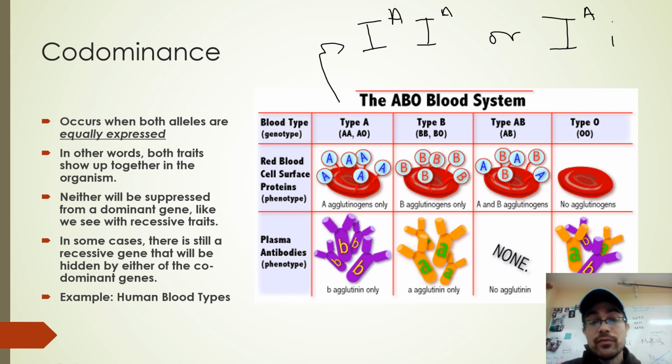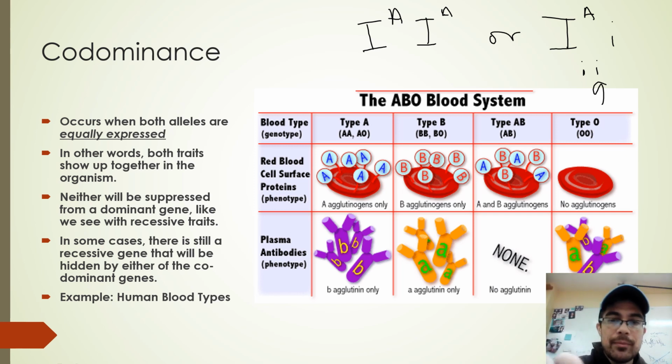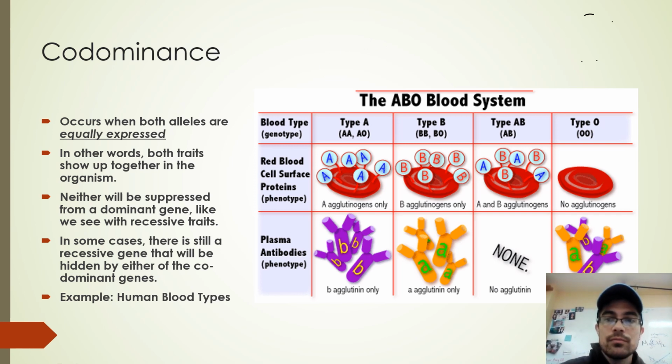And so if you have two of those, if you are the O type, you would need to be ii, little i. Okay? Now if you are AB, you would be IA IB.